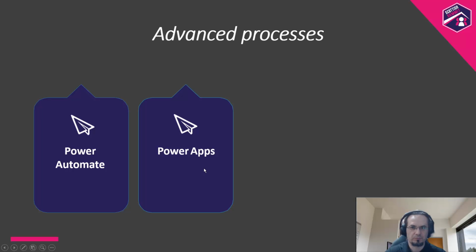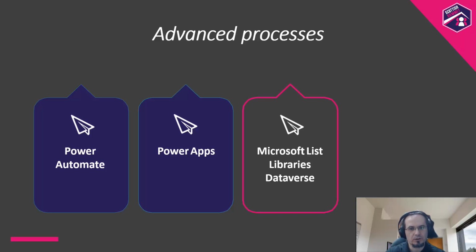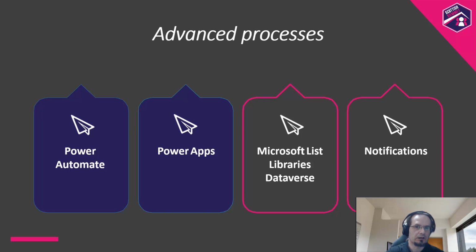Then we can add Power Apps as a business layer for end users. Behind that, we can use Microsoft Lists, maybe SharePoint document libraries, and Dataverse as a backend where we can store data for those processes, and some layer to send notifications to users.